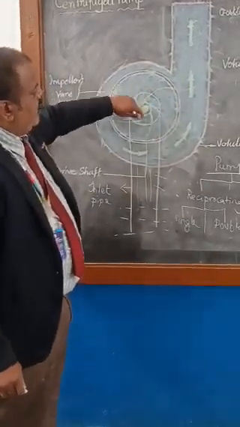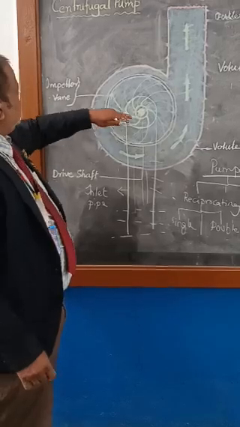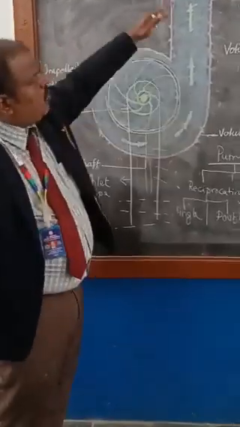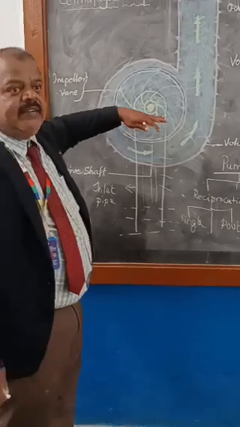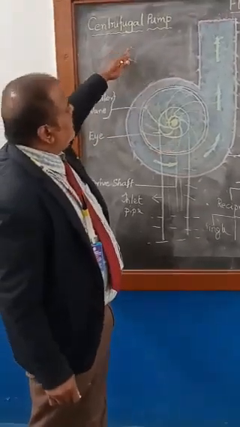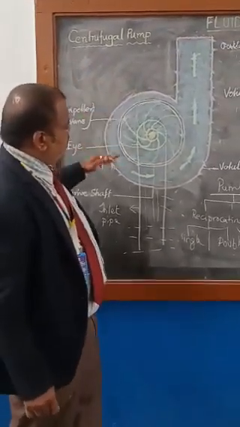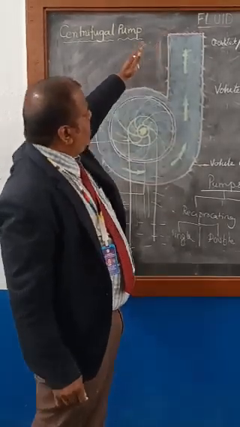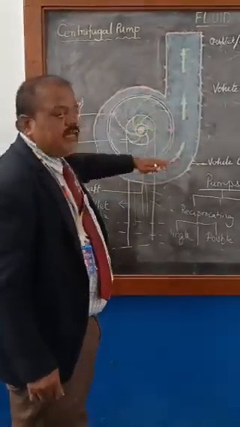When it is sucked, what will happen? The impeller blade rotates at a high speed, so it pushes the water to move outside due to the centrifugal force. That is known as a centrifugal pump. Since the water is pushed outside through the delivery pipe due to the centrifugal force, this pump is known as a centrifugal pump.